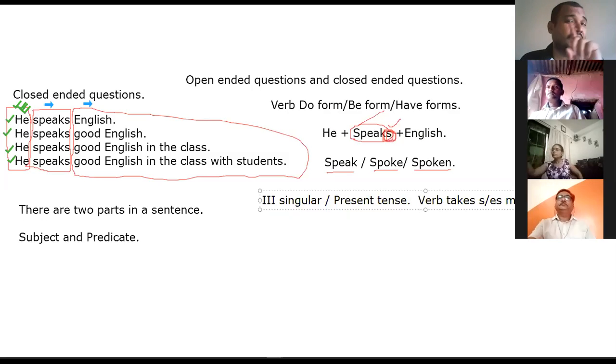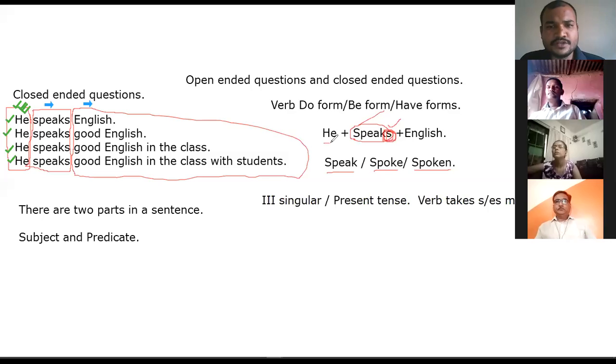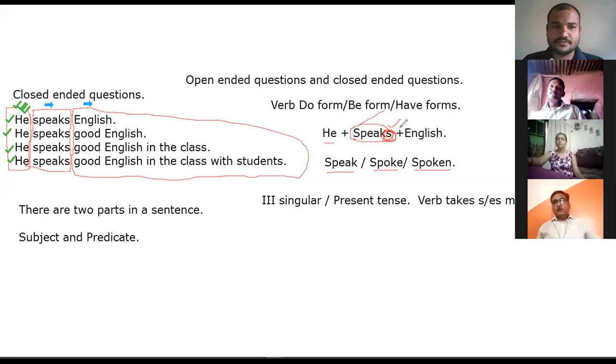To the main verb, not to the helping verb. Right? We will add s or es to the main verb. So he belongs to third person. Correct? So it is third person singular. So we just added s here. Got it?